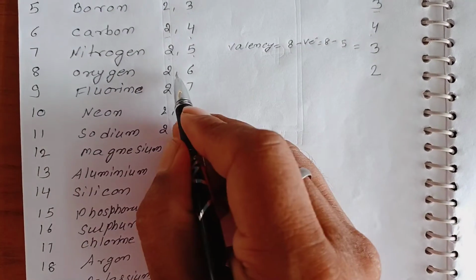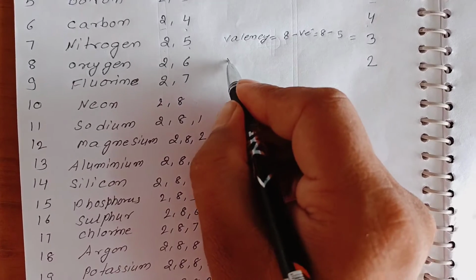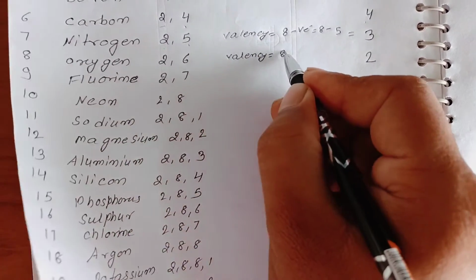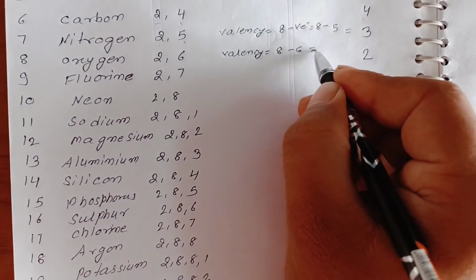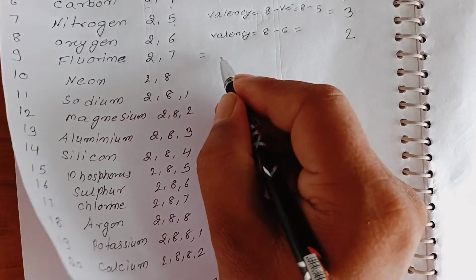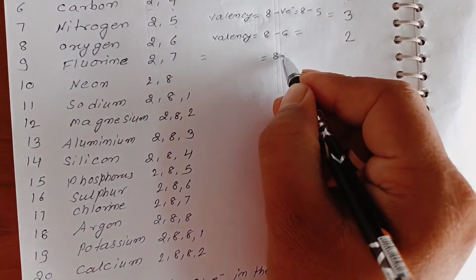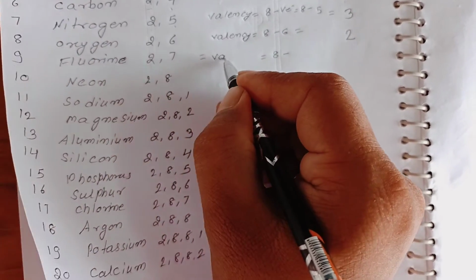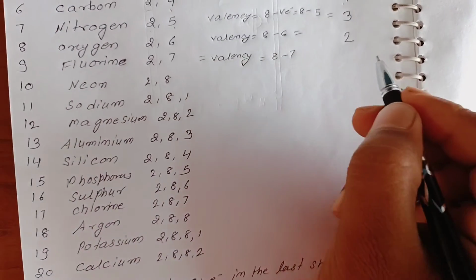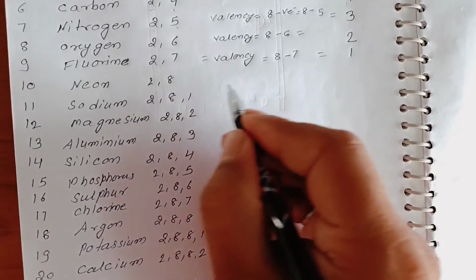that is equal to 3. Same way here in oxygen, valency is equal to 8 minus 6, which is 2, and fluorine 8 minus 7 is equal to 1.